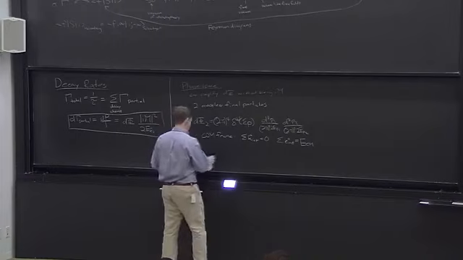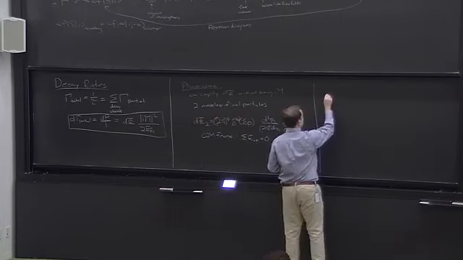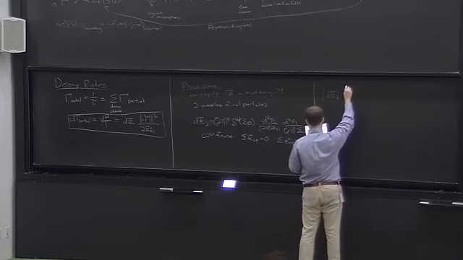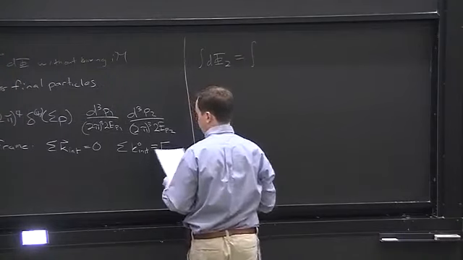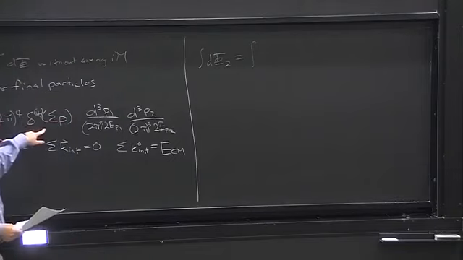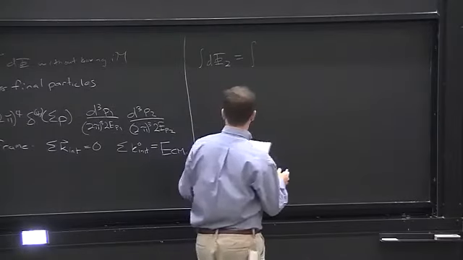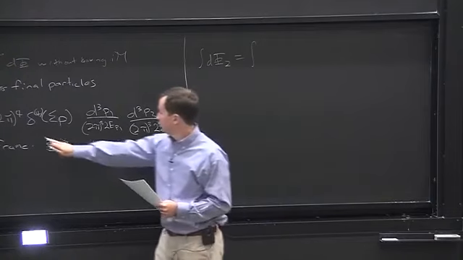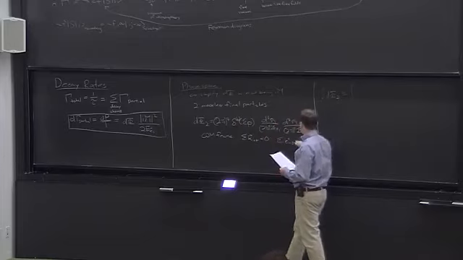And so the integral over the phase space, well, we can use the 3 components of this delta to do one of the integrals here. And if we do that, we've got 4 factors of 2 pi in the numerator, 6 in the denominator.